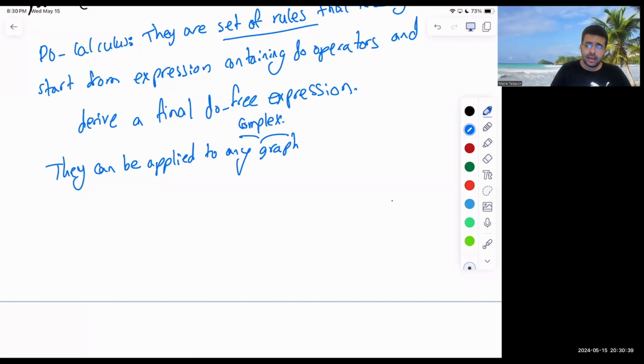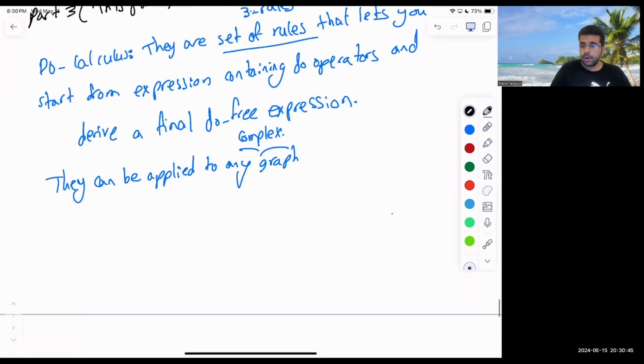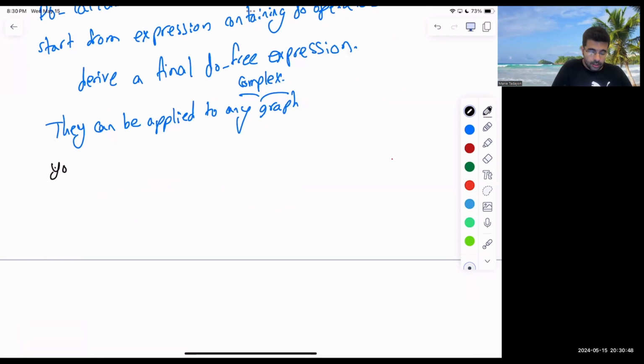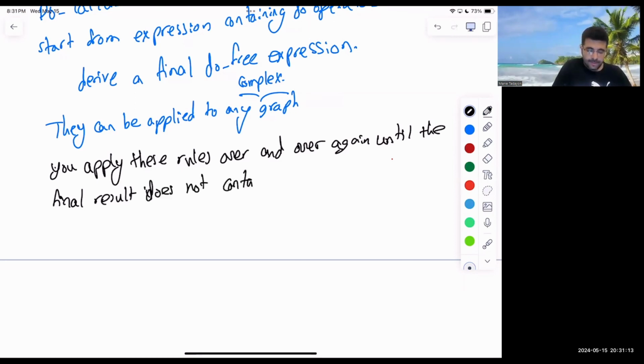And the nice thing about do calculus is that you can apply it to anything you like. So you apply these rules over and over again until the final result does not contain any do operation.